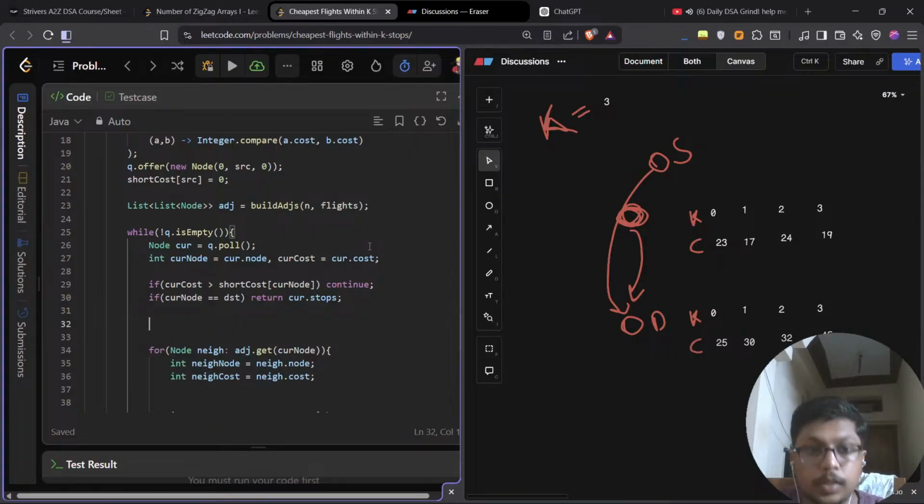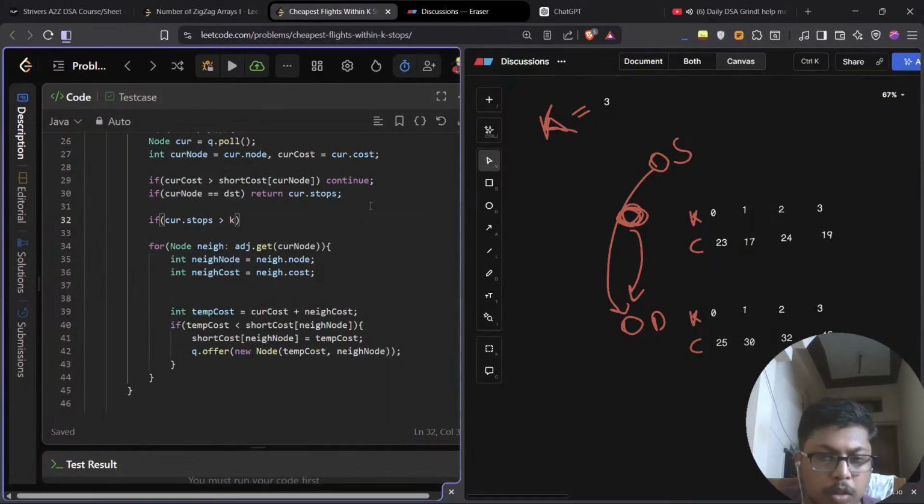But if I see, right, if here I see current stops, I see that I could put it here or here.